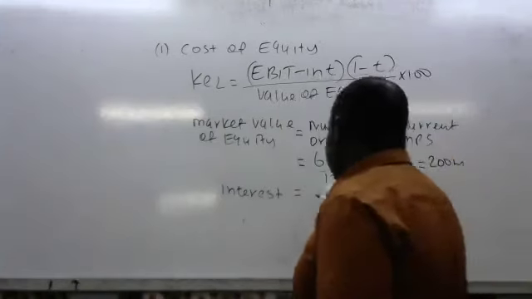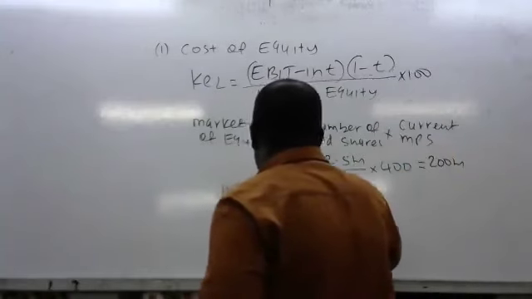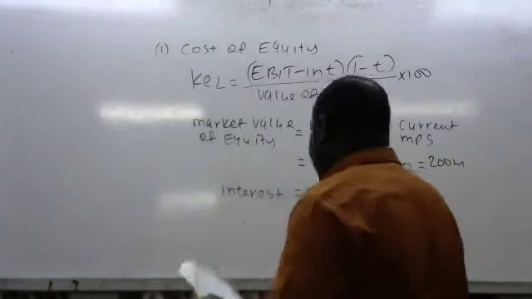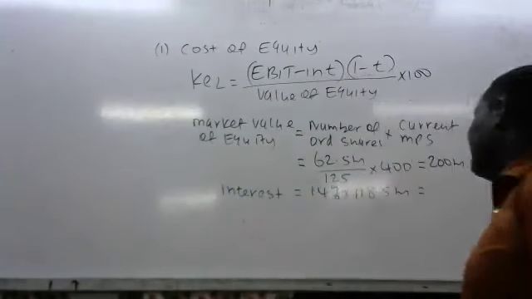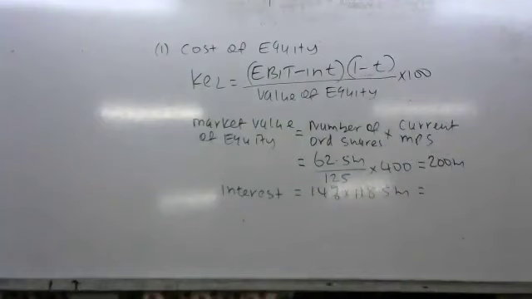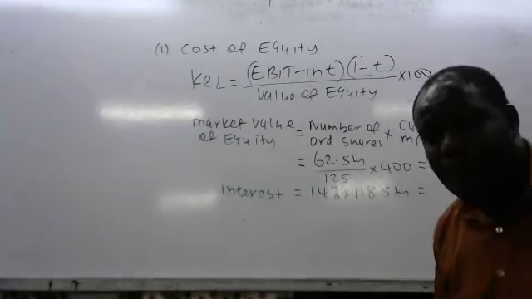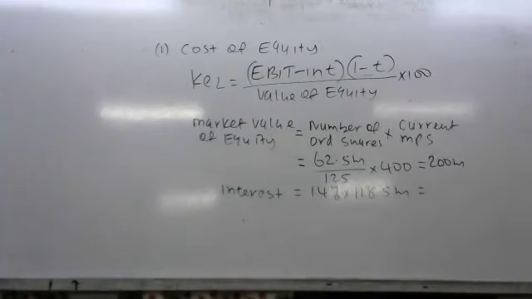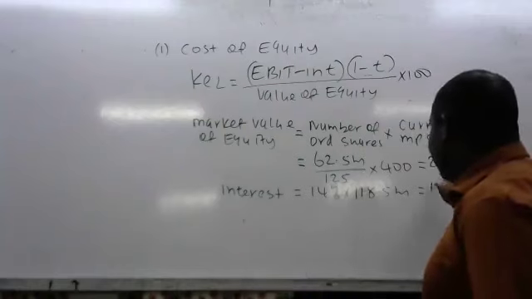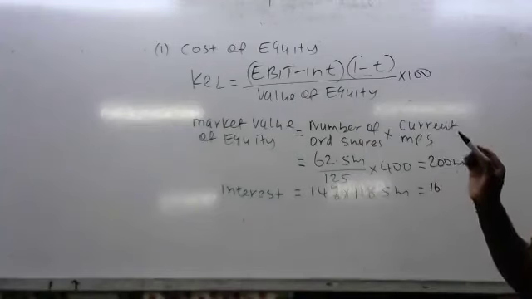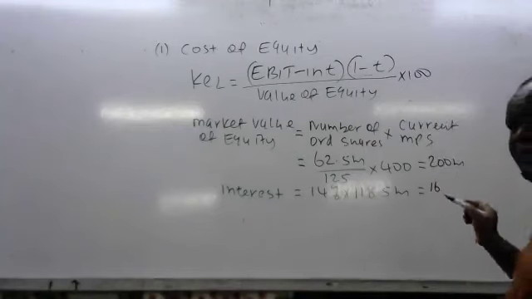So get 14% of the 118.5 million. Which figure do we get? 16.59.